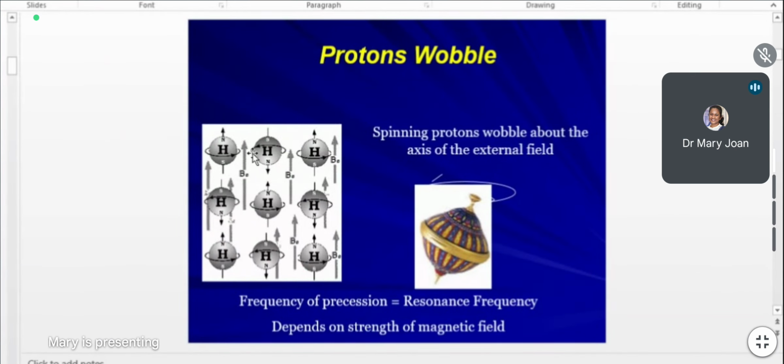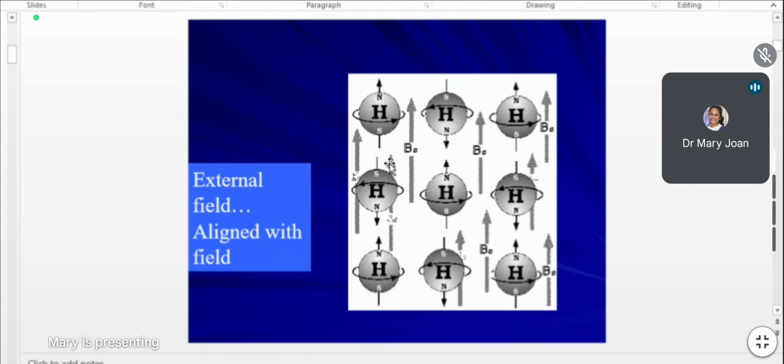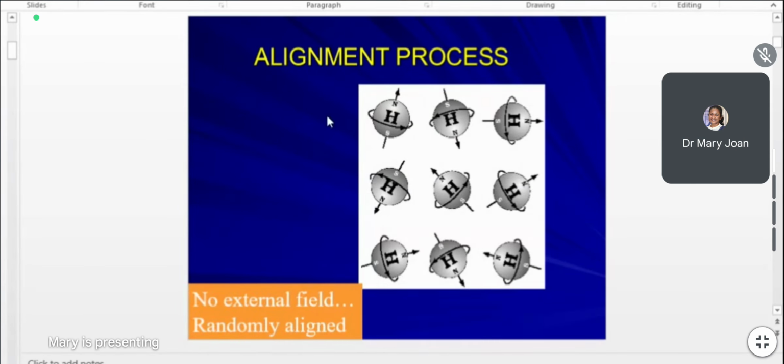Each nucleus has different spins which are not aligned. This is how it is when there is nothing, this is how it is in our body.